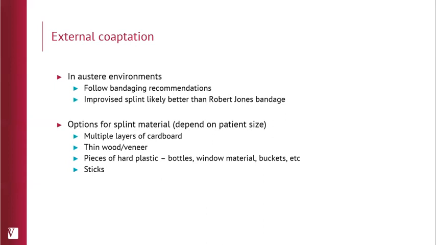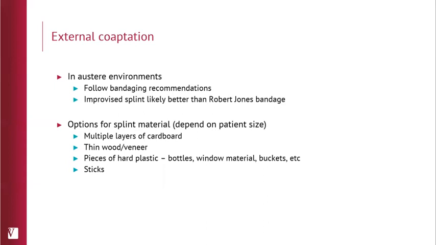So I am a fan of multiple layers of cardboard, especially if you have it where the lines of the cardboard are going in opposite directions, or at least a 90-degree tilt from the underlying layer. That provides a good amount of support. If you've got access to any relatively thin pieces of wood, a couple of layers of veneer, like from cabinets and things like that, could be helpful. Hard plastic can potentially be used.